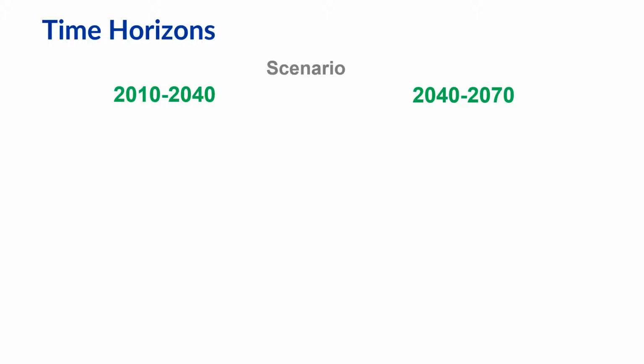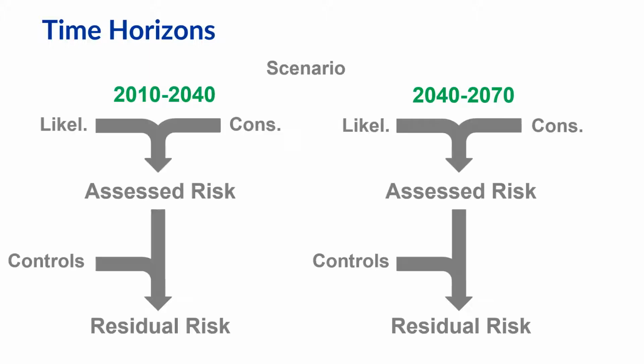For a given scenario, you'll want to evaluate the change in risk between multiple horizons. The example here shows the time horizons as 2010 to 2040 and 2040 to 2070. Your business will then assess risk for both time horizons for a given scenario and identify any elevated risk.